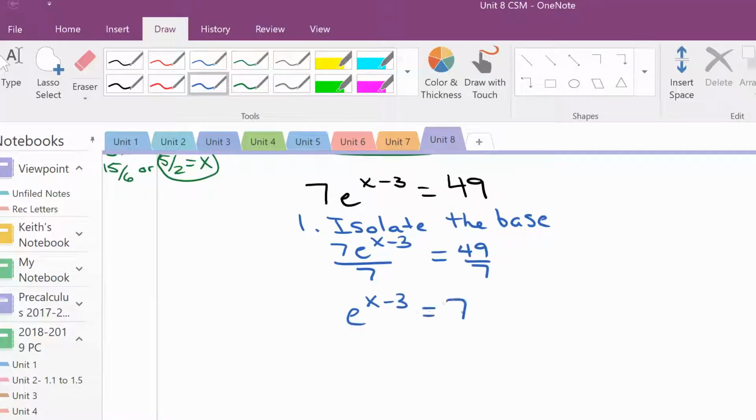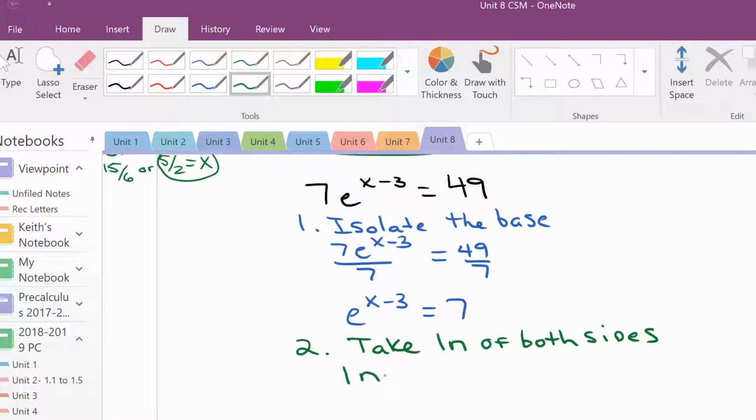So we're solving e to the x minus 3 equals 7. Because the base is e, we are not going to use log, we're going to use ln in this case, but only when the base is e. The reason why is because when we take the ln of e, remember that'll be 1.